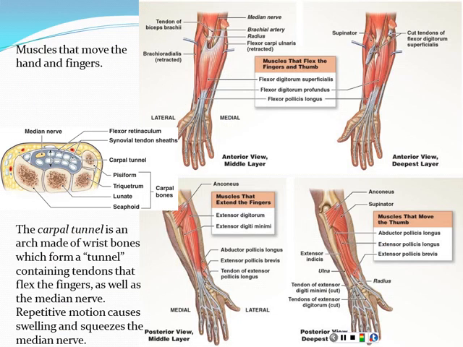All right, then we get down into the forearm, and we see the muscles that move the hand and fingers. So the muscles that move the fingers, we divide them into extrinsic and intrinsic muscles. It turns out that most of the muscles that move the fingers are not actually in the hand. They're in the forearm. And you can feel that. You know, if you hold your forearm and wiggle your fingers, you're going to feel all those muscles moving around in there.